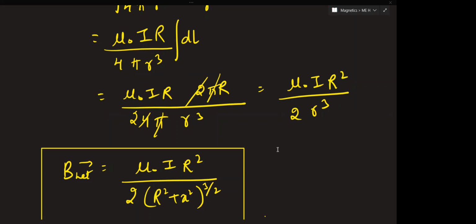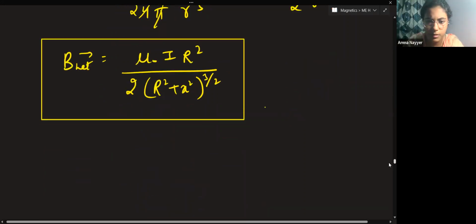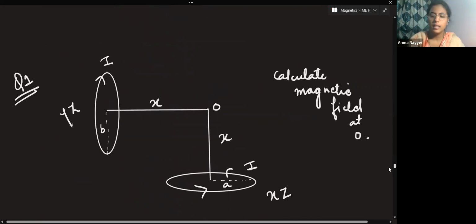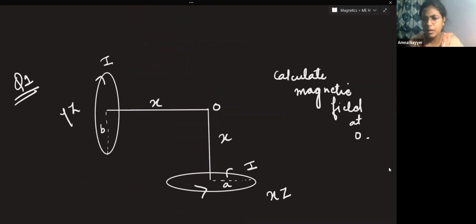Let's just see one numerical also. If a numerical comes from here, the values are usually not given awkwardly. Like in your electric field portion, you have the electric field at the equatorial line and at the axial line. There you make an approximation by which you get the formula 2kp divided by r cube.